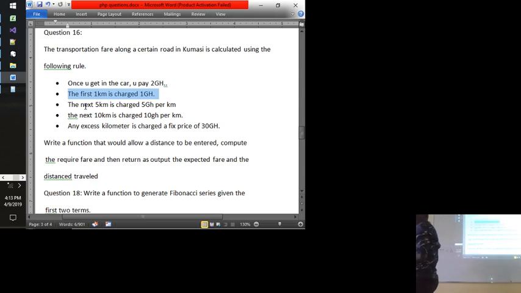That means after 1 kilometer, you'll be charged 5 cedis per kilometer. So if you are traveling 1 kilometer, you only pay 1 cedi. But if you are traveling 2 kilometers, you are paying 6 cedis. Yes. Then our calculation: like each stage, we have to do each stage.